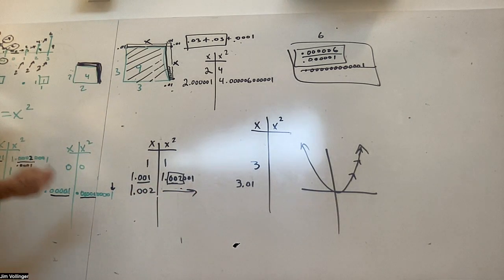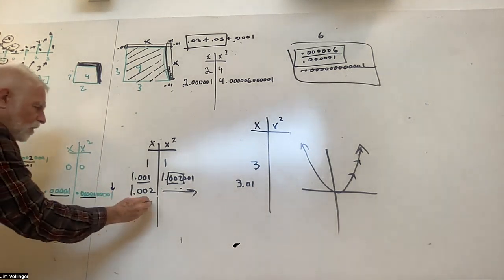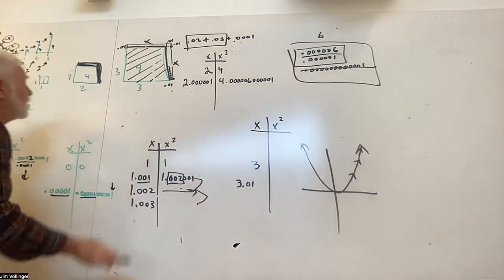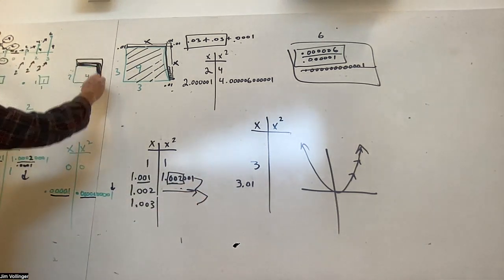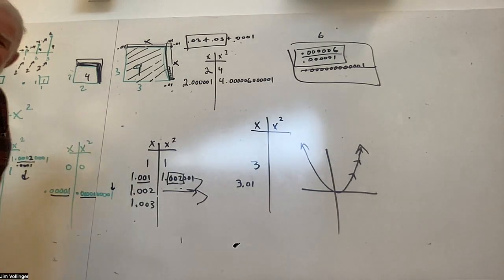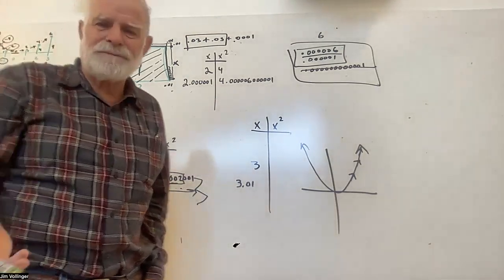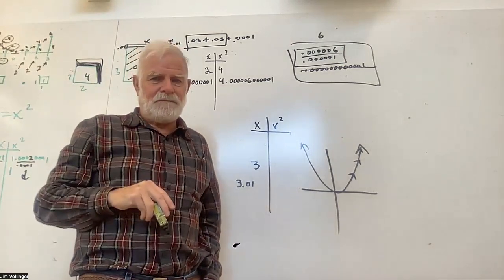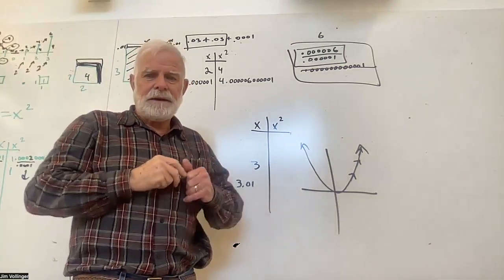If I kept doing that, 1.003, and added up all these changes, I would get the difference between 9 units of area and 4. That's what you're going to be studying in the future, and I definitely want to plant that seed now.